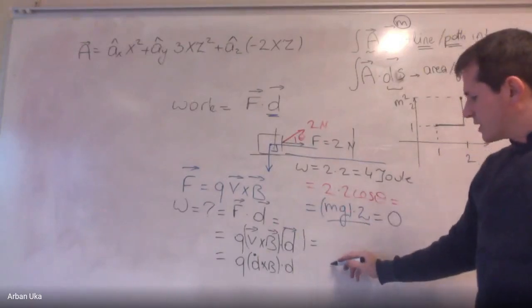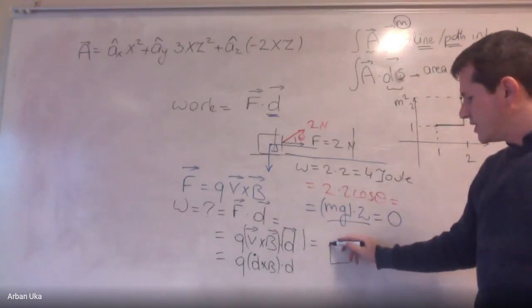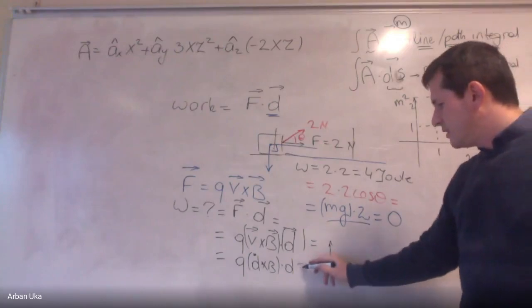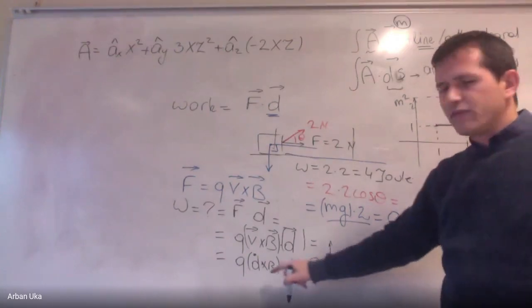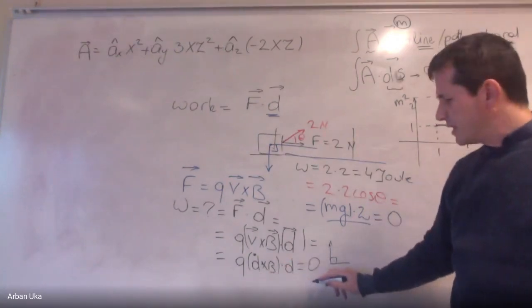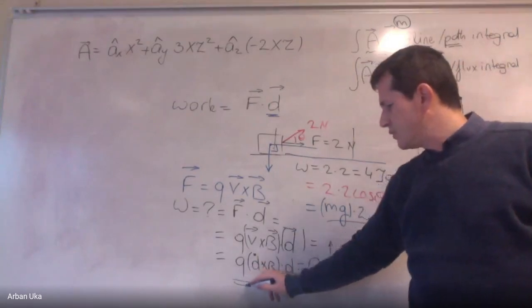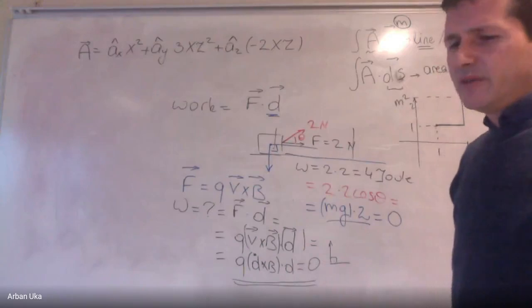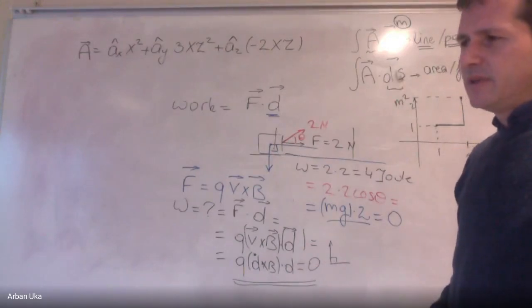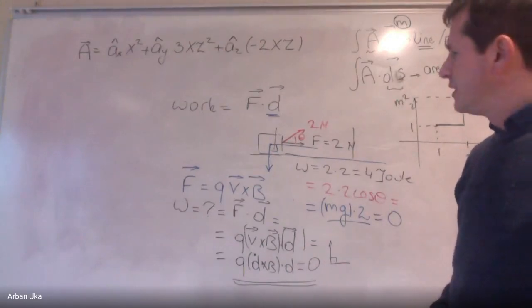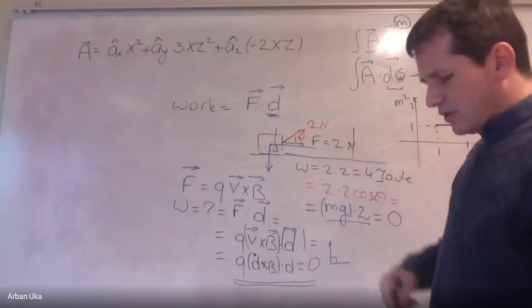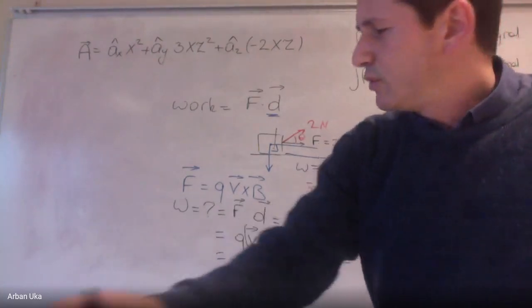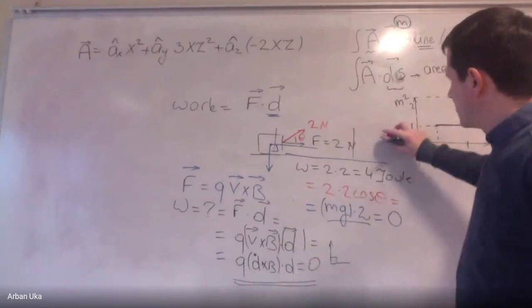But if the force is at 90 degrees, if you think about this for less than a minute, you might figure out that this will give a 0, which means that for any charge in a magnetic field, the work done by the magnetic field is equal to 0. Why 0? Because the angle between the force and the displacement is going to be 90 degrees.